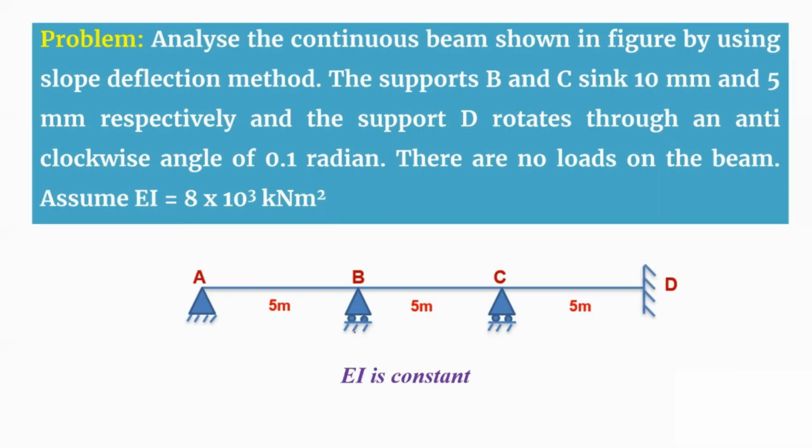In this question, B has settled down by 10 mm to the B dash position, and C has settled down by 5 mm, with the new position C dash, whereas D has been rotated in the anticlockwise direction by 0.1 radian. There are no loads at all. So this is the given problem statement. Now you're going to solve step by step.